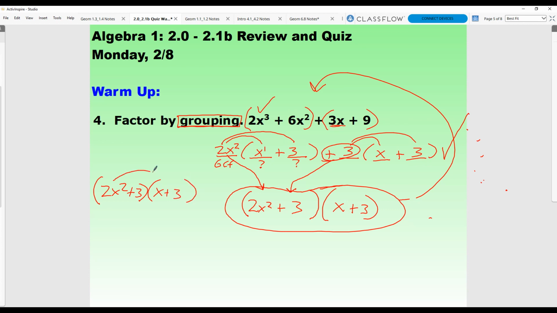If you did your foiling and multiplied those together, you would get that answer up there. All right, so that's what we're looking for. This is how the problem started, so that when the foiling took place, we got that answer there. We just worked backwards, we factored to get it figured out what it looked like before.